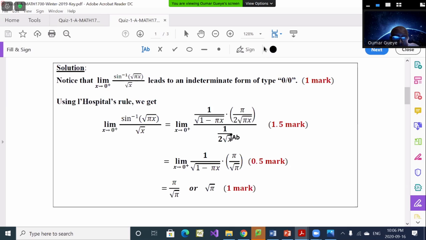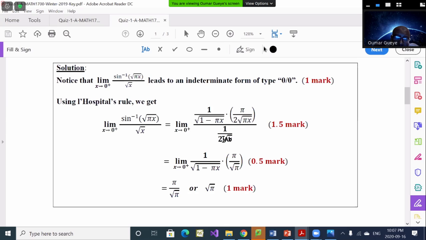Now you can simplify some terms. Here you simplify 1 over 2 and here 1 over 2, the 2 and 2 in the denominator. You simplify root x here and here root x. If you simplify root x from this bracket, it remains root pi only, because root pi x is the same as root pi times root x.